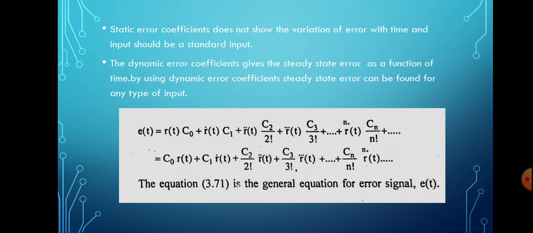And if we want to find the steady state error, we know that given the error signal, we can calculate the steady state error by applying the limit t tends to infinity to the error signal.